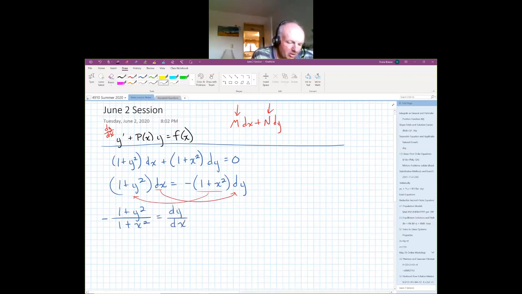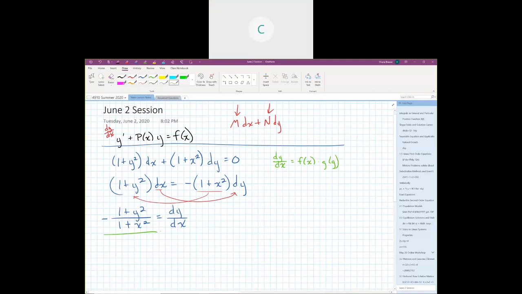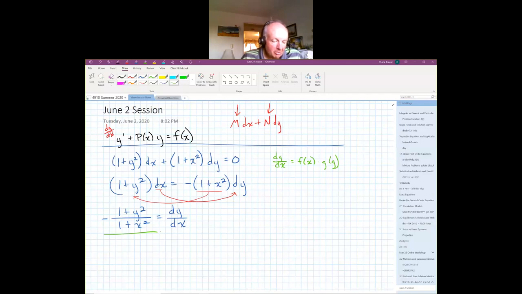And remember, in order to be separable, we needed dy dx to equal some function of x times some function of y. You've got to be able to get the x's on one side with the dx and the y's on the other side with the dy. And this one looks like it's separable.